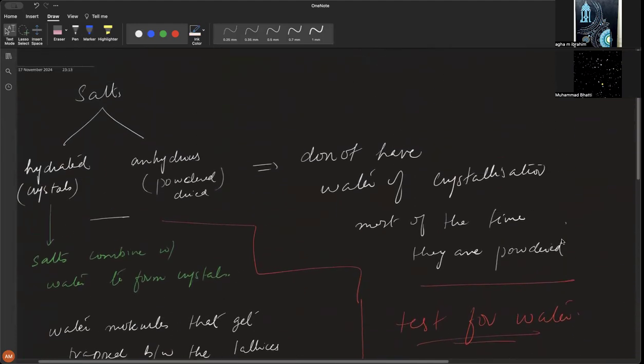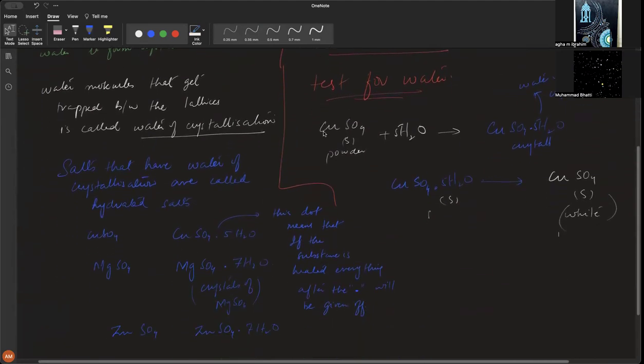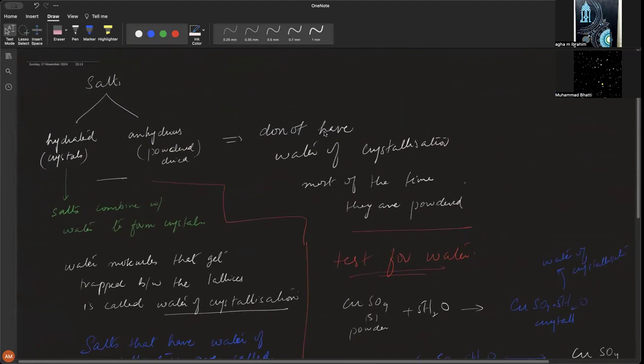Should we move to soluble, insoluble? Can we call it a day here? I'll have to. It's just going to take 5 minutes, inshallah. Can you zoom out 1 second? I would suggest you can just copy that from the video if you would want to. I'll share the video with you.